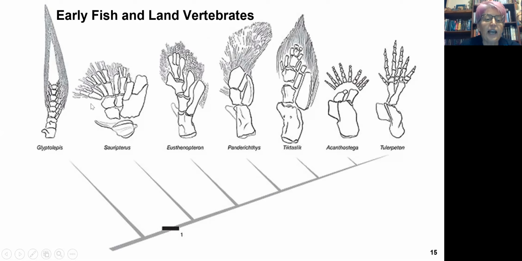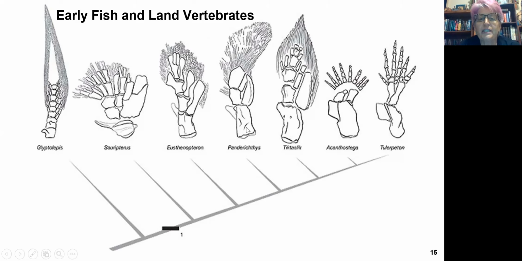Then you can see, as these steps of evolution happen and creatures start using more of their fins to walk in the muddy shallows, you can think of fish sort of walking along the bottom. These are still fish. They live entirely in the water, but they have beefier bones and a more complex bone structure because they're using those fins to move themselves around on the bottom.